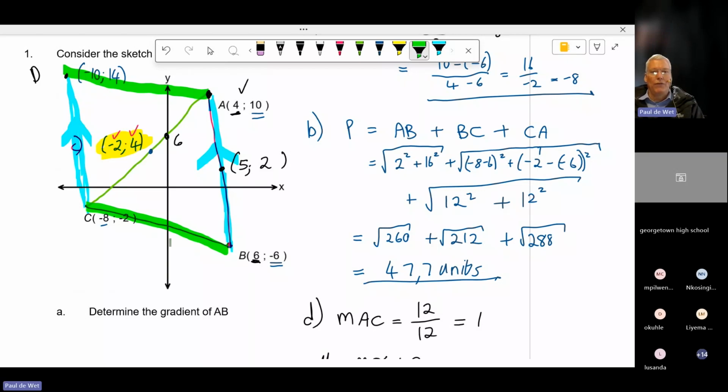Now, when I go from B to C, what happens to my x? How much does it reduce by? It goes from 6 to -8. What's 6 to -8? How much is it getting smaller? It's getting smaller by 14. If 4 gets smaller by 14, what do I get? -10. What happens to my y when I go from this point to this point?